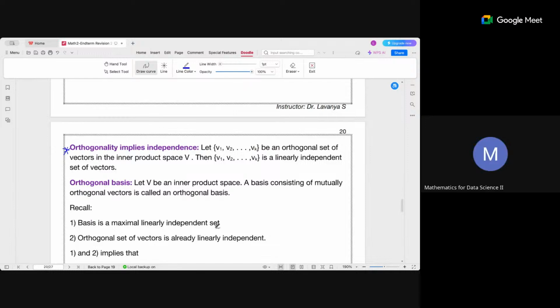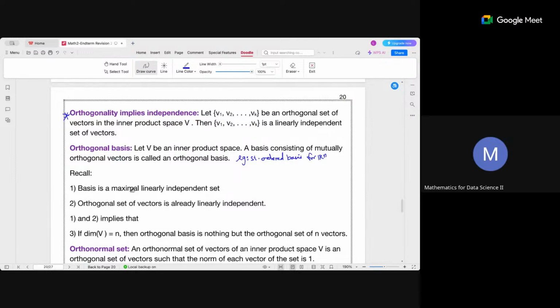Standard ordered basis, are they orthogonal with respect to dot product? Yes, ma'am. An example of an orthogonal basis is the standard ordered basis for Rn. So a basis, you know that it is a maximal linearly independent set, and an orthogonal set of vectors, you know that they are already linearly independent.